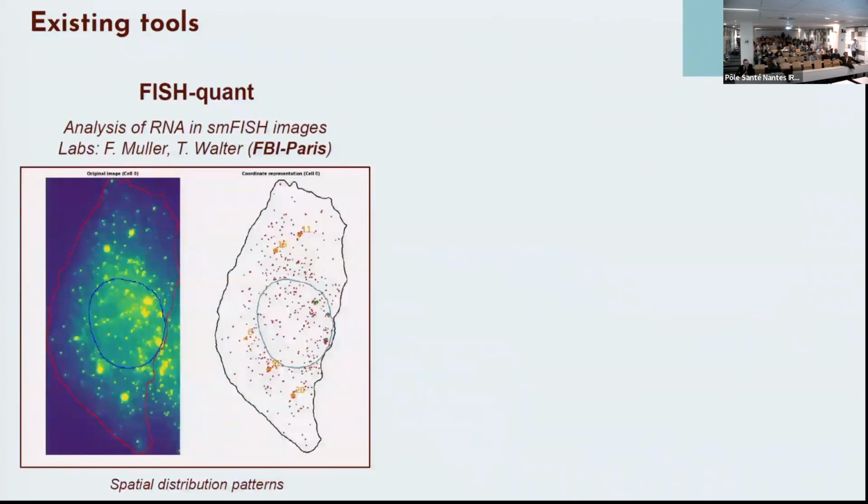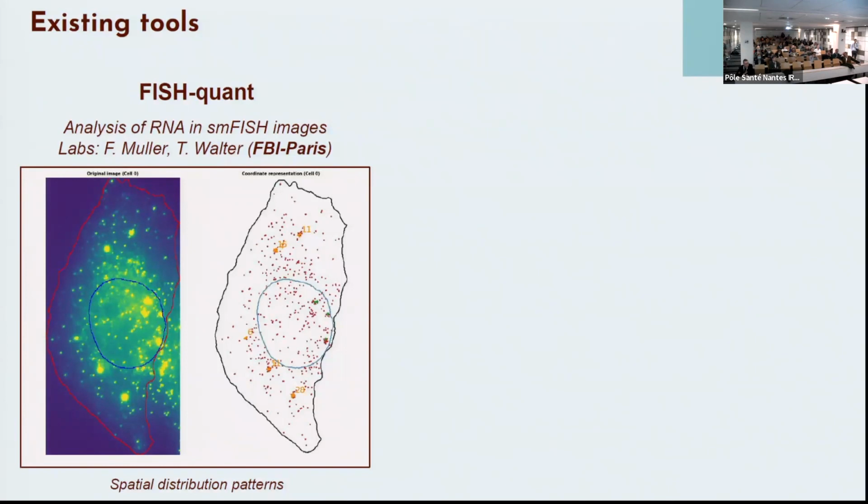In the FBI network, analysis pipelines already exist. There is FishQuant for the RNA FISH analysis. FishQuant segments cells, detects the RNA localization, and allows analyzing the spatial distribution pattern.